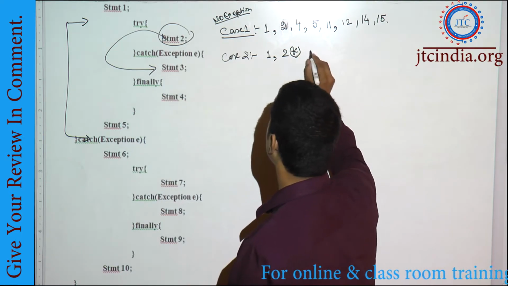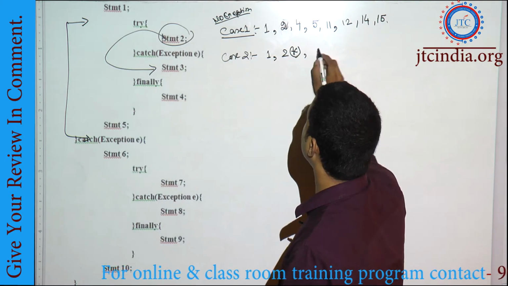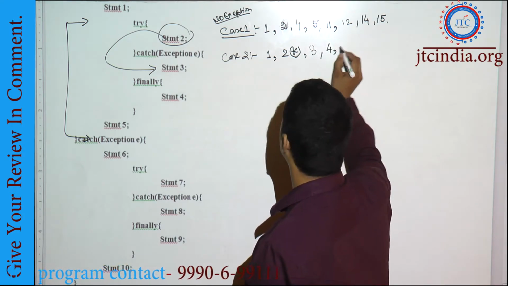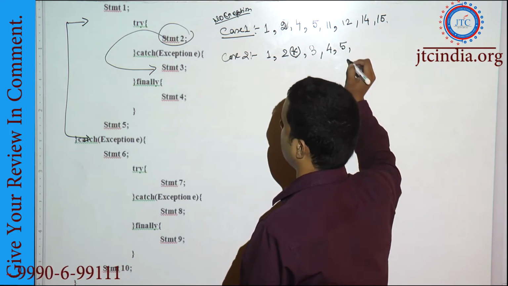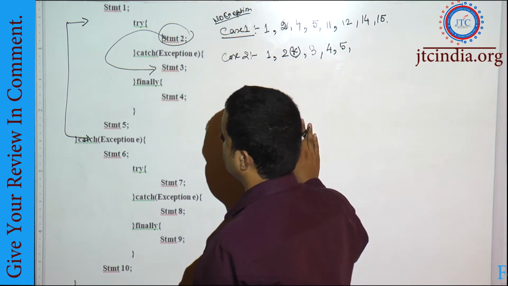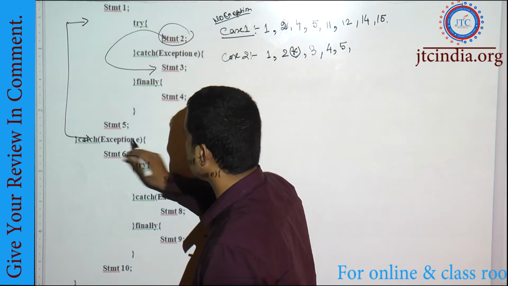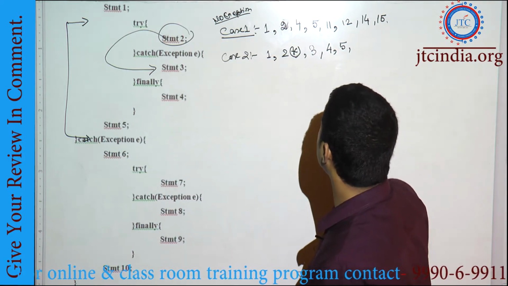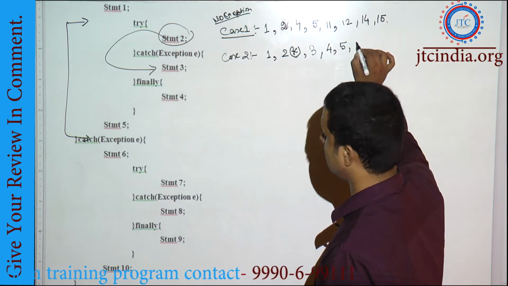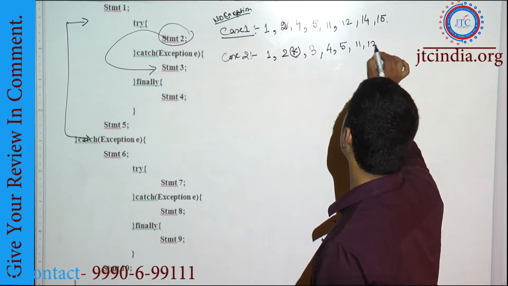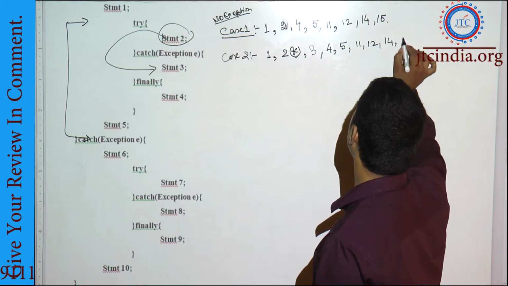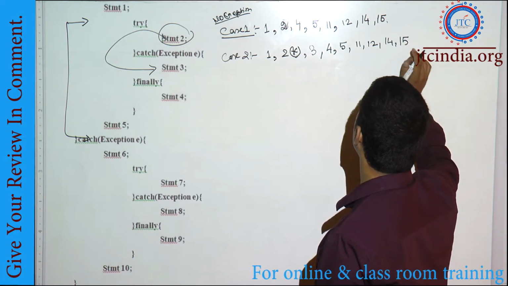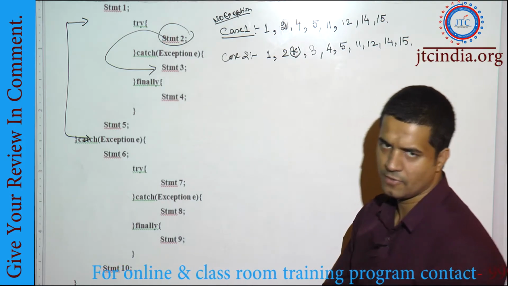After that, statement 3, then anyhow finally 4 will be processed and 5 processed. But here the catch block again will not be processed. So the other statements will be statement 11, statement 12, 14 and 15. This is the processing inside that.